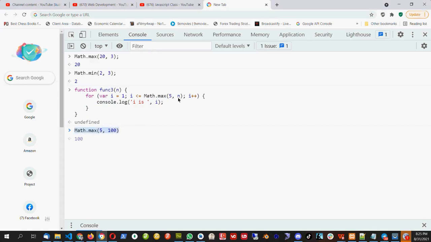So though I'm using Math.max, it is actually going to n, because it is looping through n times as we increase n. Only if n is less than 5, then we go only 5 times. Otherwise, it goes n times. Since it goes n times, therefore the complexity of this is O(n).